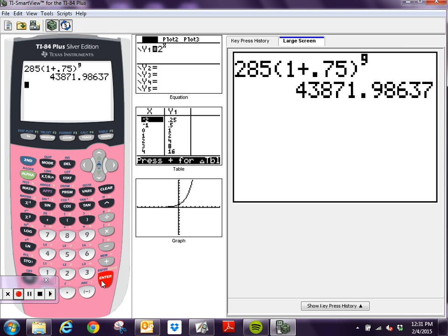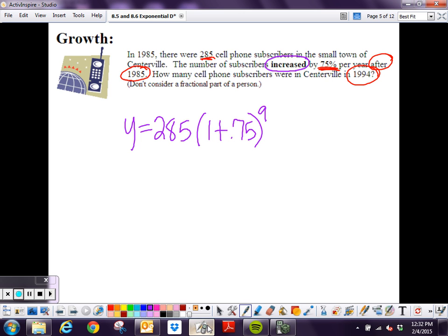And we get 43,871 and I know that it's 0.98, so you think that you should round up. But we don't actually have 43,872 yet. In this case, we've seen this before, I would have to round down. So $43,871.